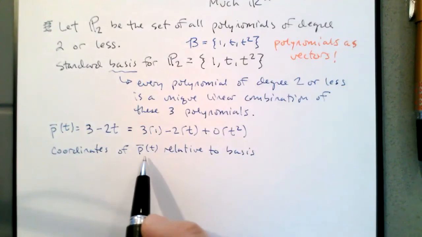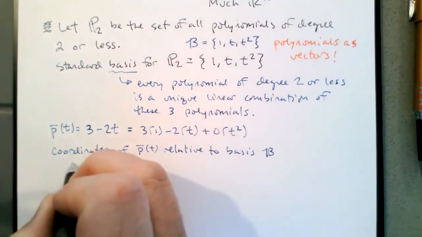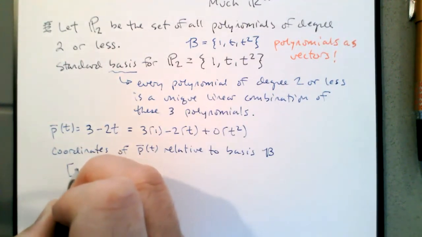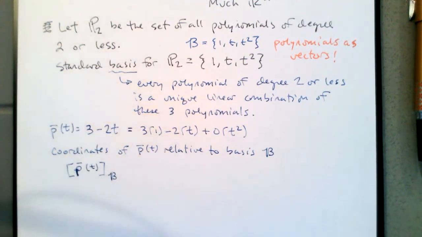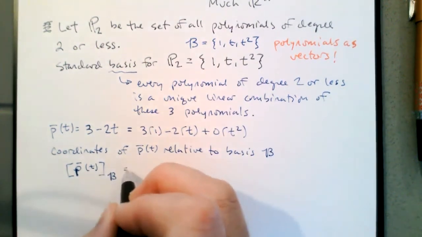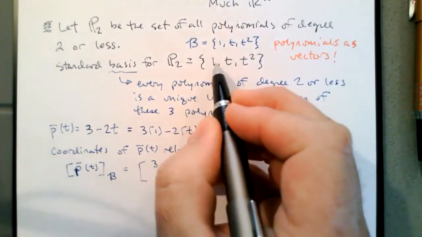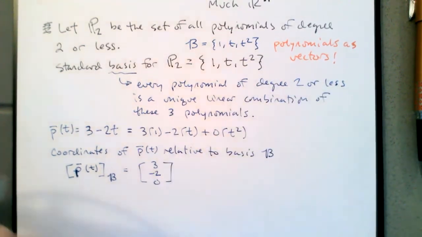So the coordinates of p of t relative to the basis script B, fancy B. We put brackets around the polynomial and we put a subscript with the name of the basis. The brackets around the polynomial kind of says, we're going to make a vector out of this. And then the subscript B is saying, this is the basis we're going to use. And it says we need 3 times the first vector, minus 2 times the second vector, and 0 times the third vector.